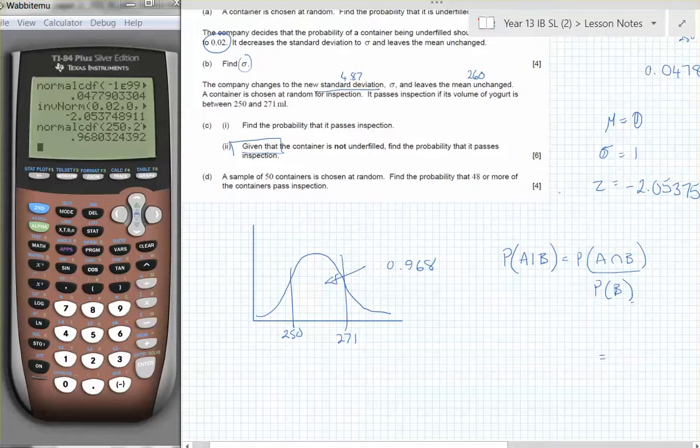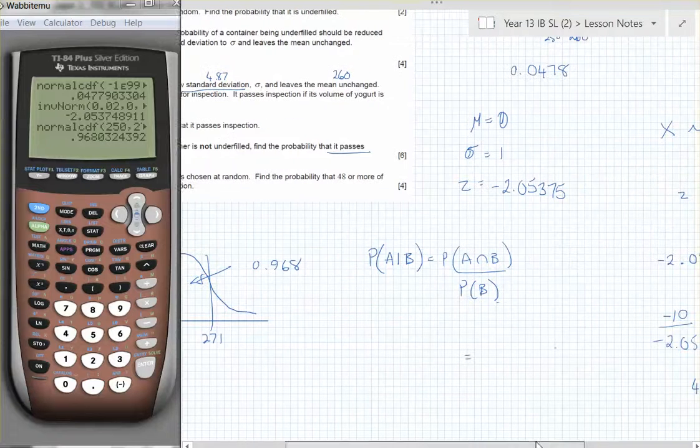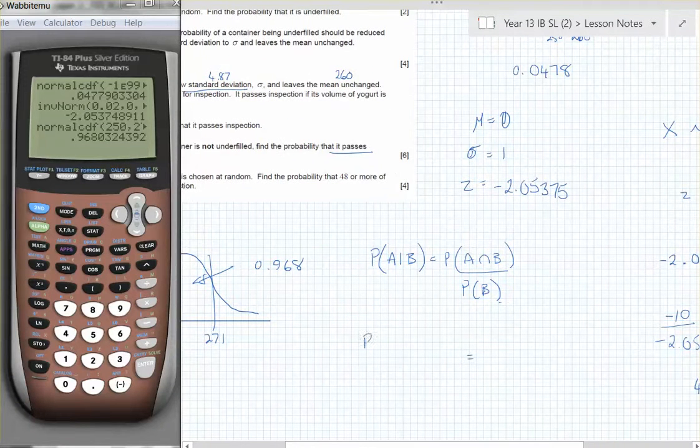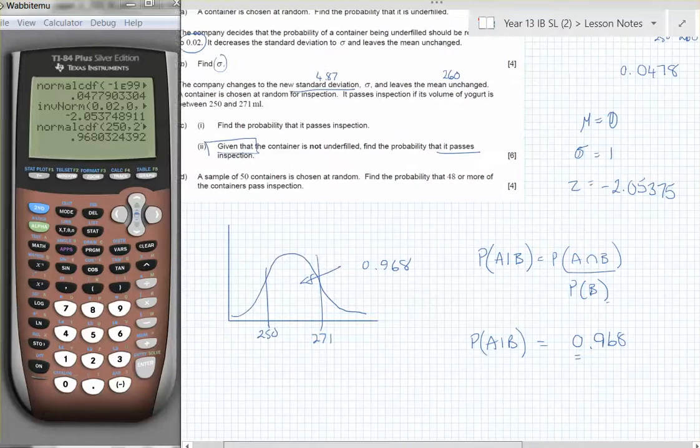So the probability that it passes inspection is the top half. So we've got that from before. So that would be 0.968.